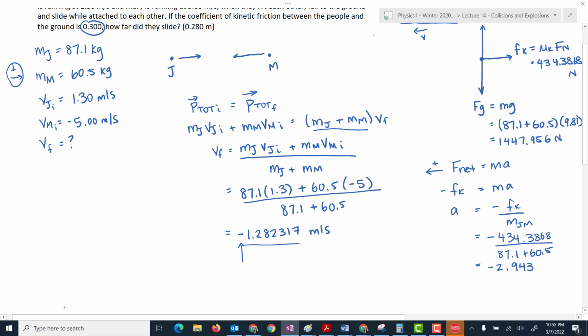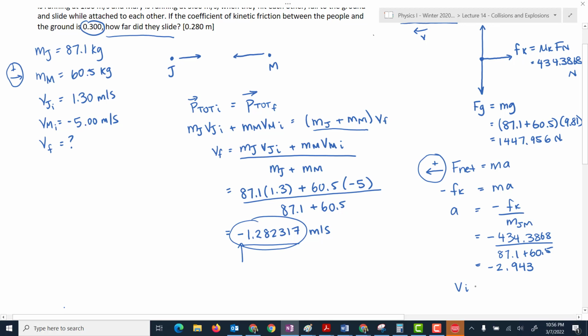So now let's write down everything else we know so that we can use a kinematic equation to solve for how far they slid. I know my V initial, their speed after they collide, which is this value over here. It's negative because it's going to the left. But we just said that we want the left to be positive because that's the direction they're going.